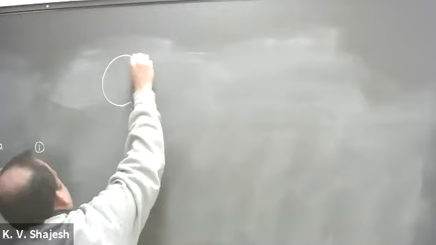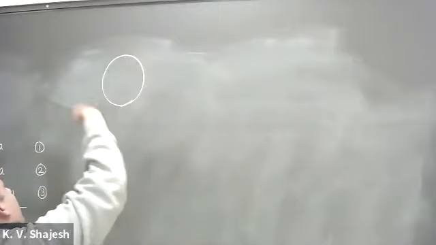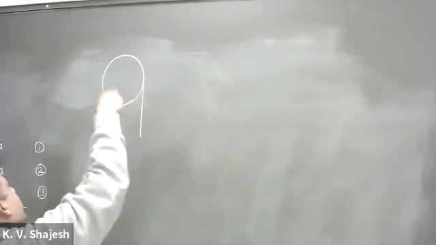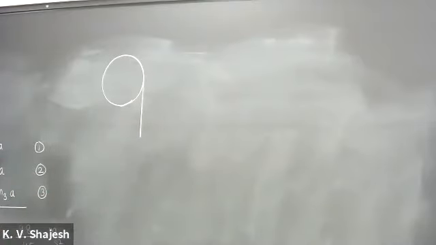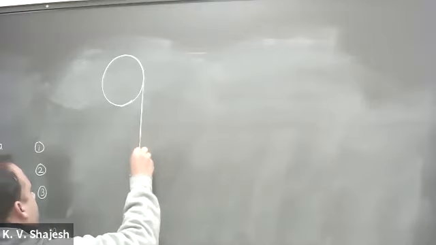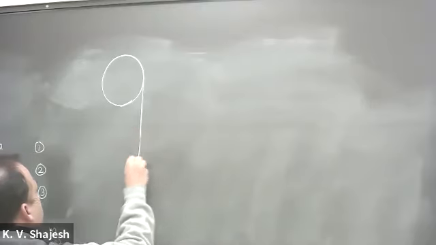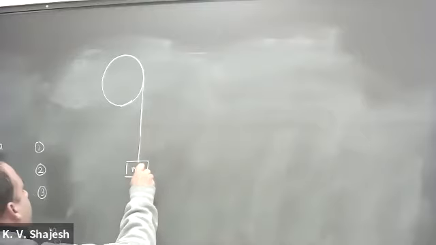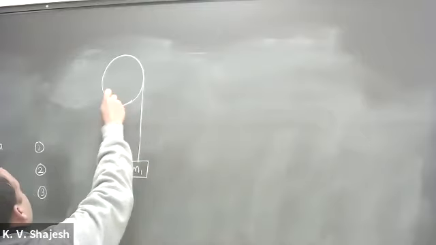We have a pulley on which you have a string that is wound upon this pulley, which can be released. Right? So there is a string that is already wound on this pulley, and you have a mass M that is hanging onto this pulley. Let's say this is M1 and that's M2.